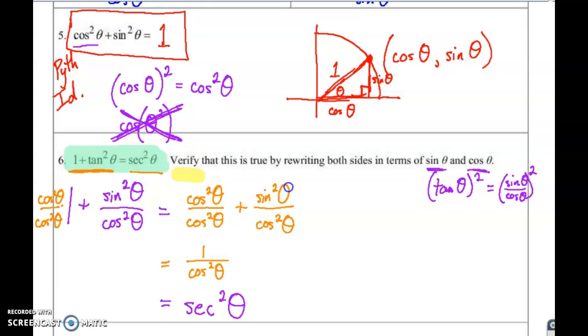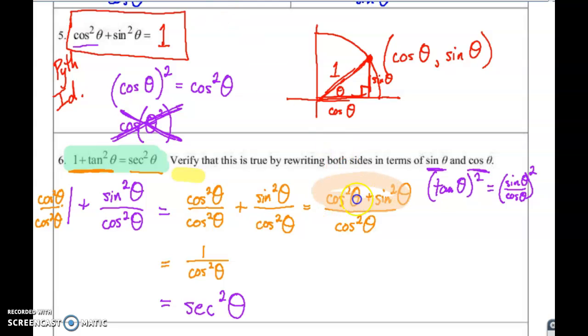And the whole reason why I would ask you to do that is if the denominators are the same, then you can combine them together. And I hope you're starting to see where this piece is coming from. Because in the numerator, you have cosine squared plus sine squared. Well, where have we seen that before?